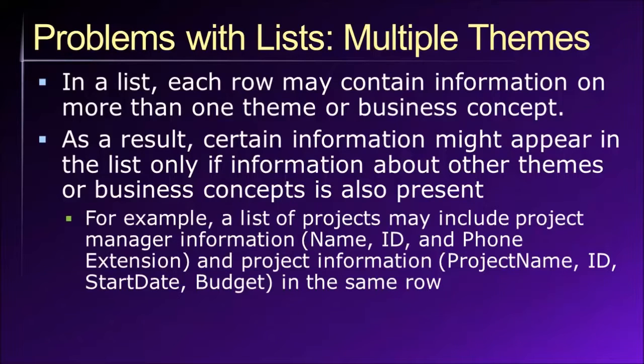Returning to lists, a major problem is with these multiple themes. That is, for each row of the list, we might be recording information about more than one of these business concepts. As an example, consider our list of project managers.